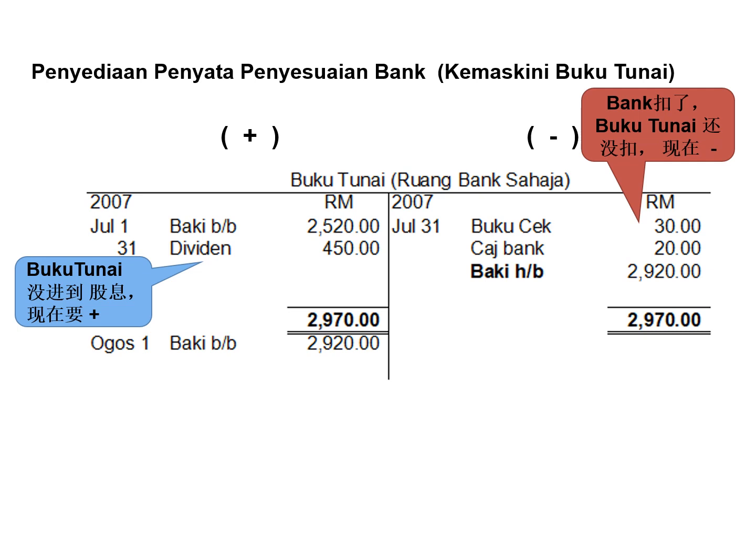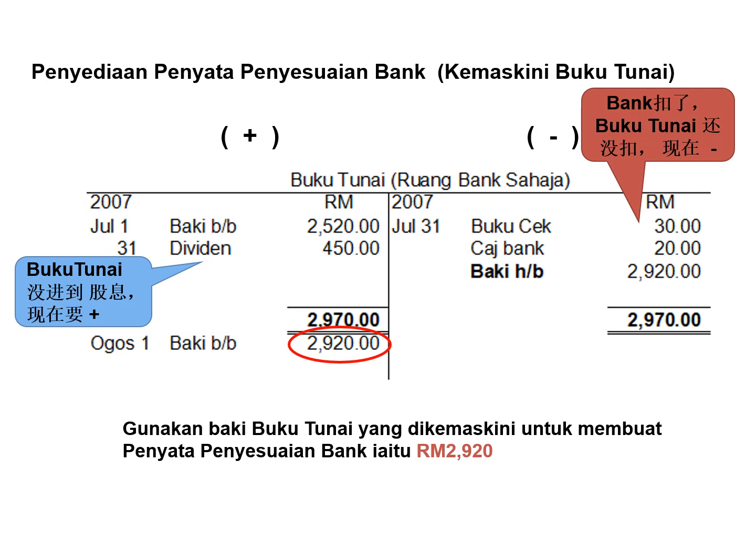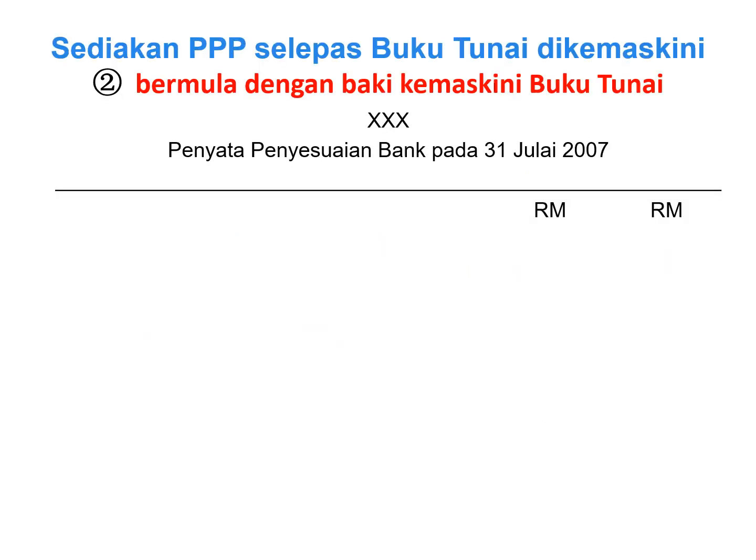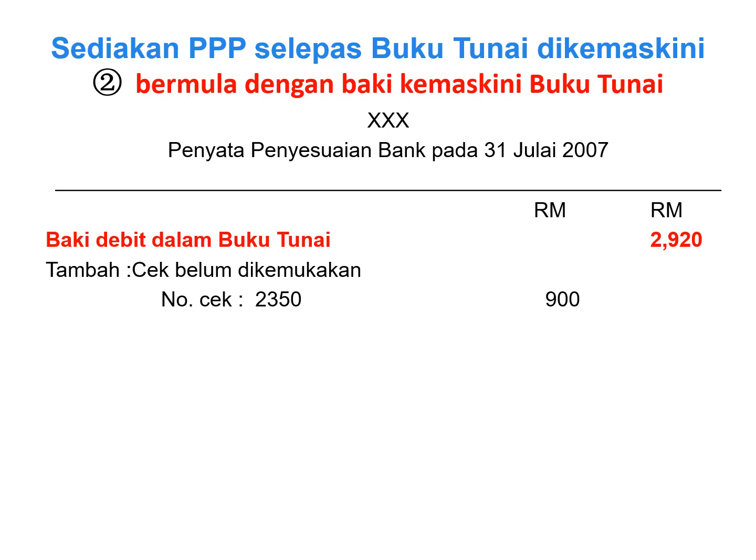update 你的 ledger 一样。所以这个数字你要带下去做2920，你就做你的 bank reconciliation。所以你用2920开头 baki debit dalam buku tunai，所以该加的，因为你的 buku tunai 的钱少了的话，你就加进去，所以我们会有未兑现的支票 check belum dikemukakan, unpresented check.